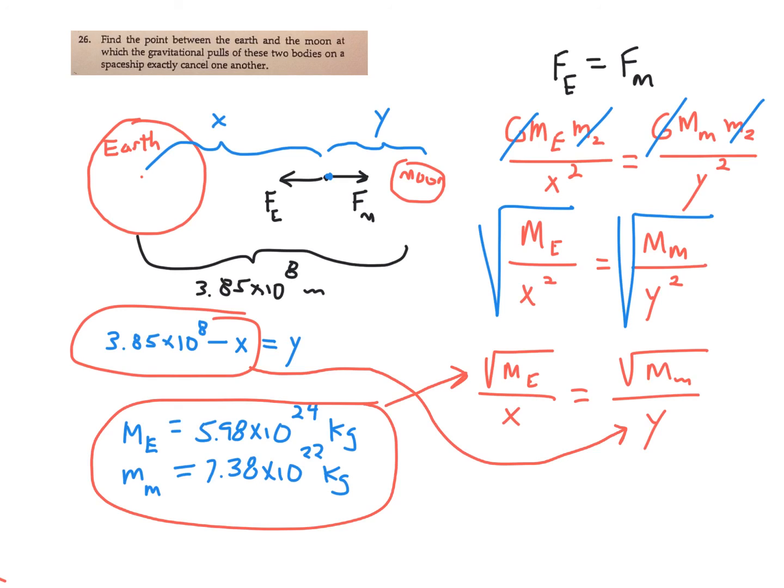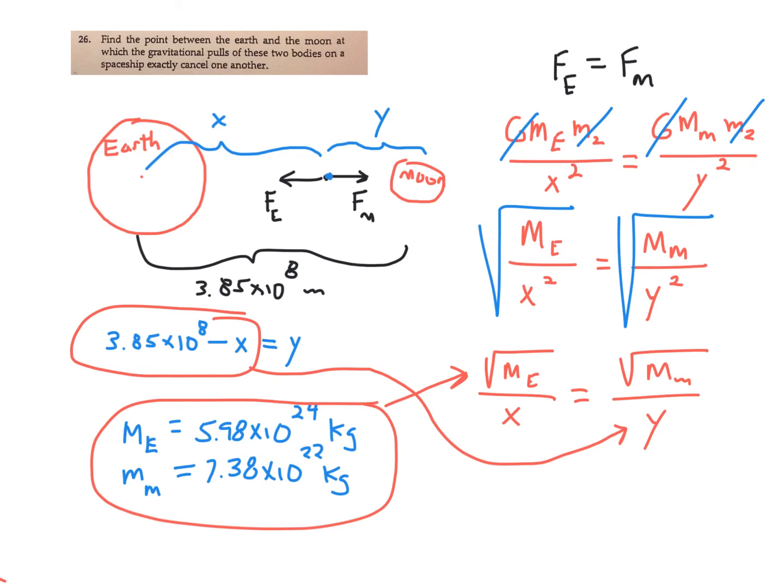So all I'll have is the square root of some big numbers. You can take the square root of those numbers and get numbers without square roots, obviously. And then you'll cross multiply, distributing this here, which will be a number that's the square root of the mass of the Earth, times a binomial. And don't forget that you're going to have to multiply by each of these two terms.